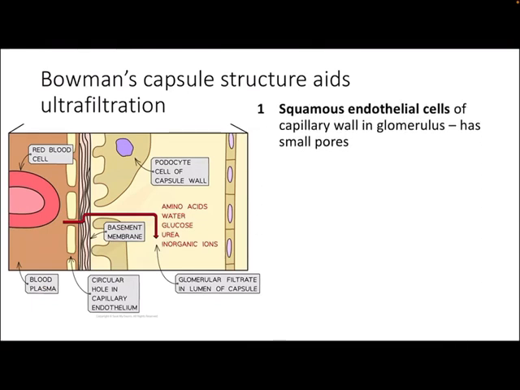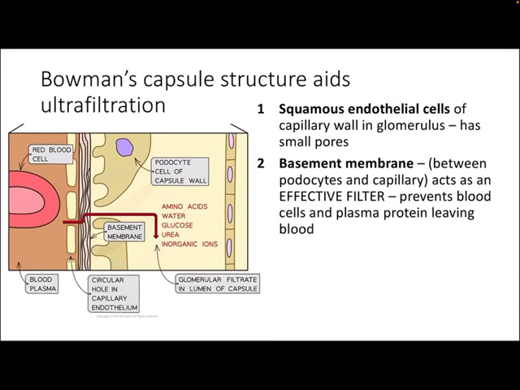First of all, we have the squamous, the flattened endothelial cells of the capillary wall. So they have small pores in them that let some of the materials through. Then the basement membrane, which is found between the podocytes and the capillary wall, acts as an effective filter, and that's what you write: the basement membrane acts as an effective filter, and it will prevent blood cells and large plasma proteins from leaving the blood.